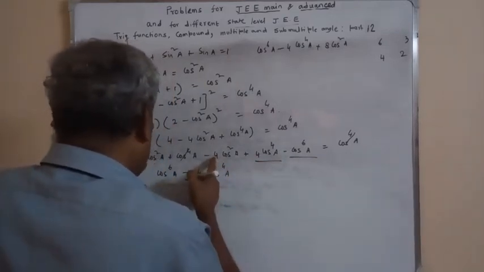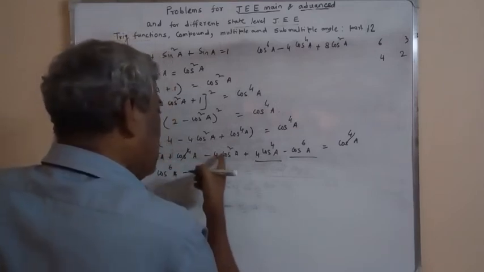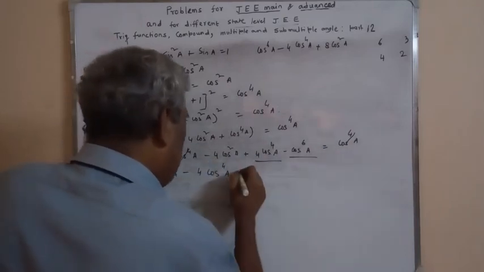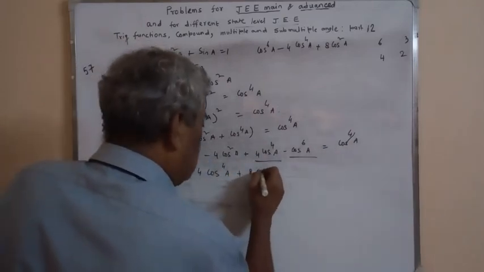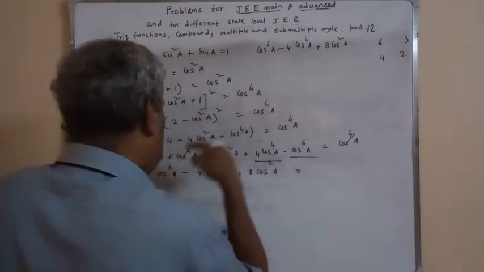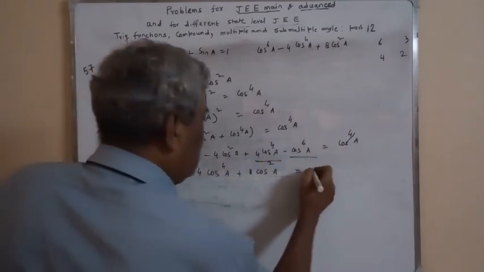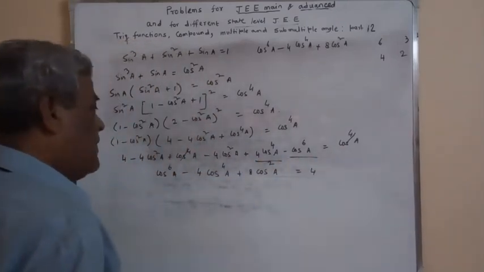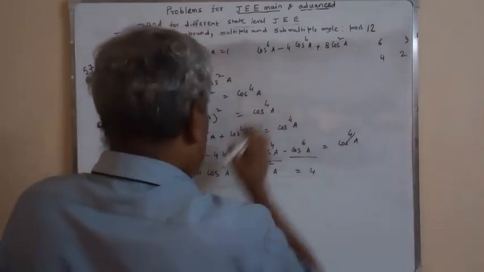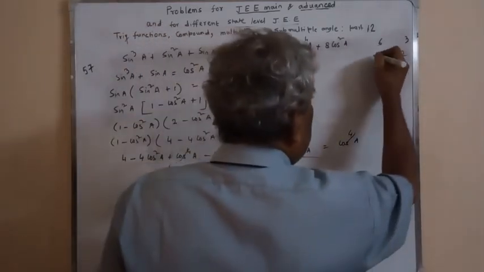Then minus 8 cos to the power 2A, sorry, plus 8 cos to the power 2A on that side is equal to, the only thing left is 4. So on that side is 4. So the required value of this is 4. So option C is correct.